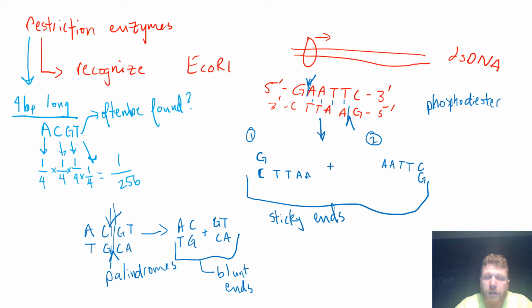Well, they're pretty good, because if you have a piece of DNA that's 700 base pairs long, you're probably going to find ACGT once every 256 base pairs. And so a good question would be, how many times would that randomly generated piece of DNA be cut by the enzyme that recognizes ACGT? The answer to that would probably be 2. You can make an argument for 3, but at the same time, these are all probabilities.